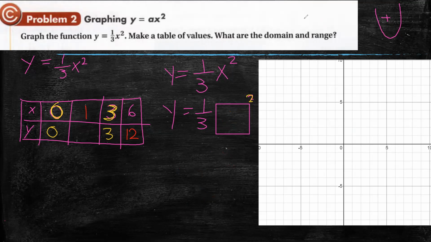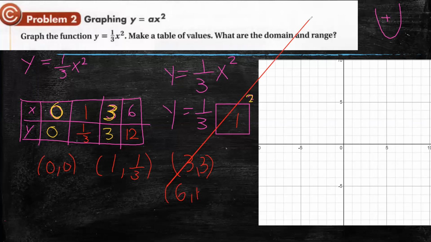Here is the function; I plot any points, then I evaluate the points in the function to find y. Now 1 squared is 1, times 1 over 3 is 1 over 3. So by now I have 4 points: 0, 0; 1, 1 over 3; 3, 3; and 6, 12.